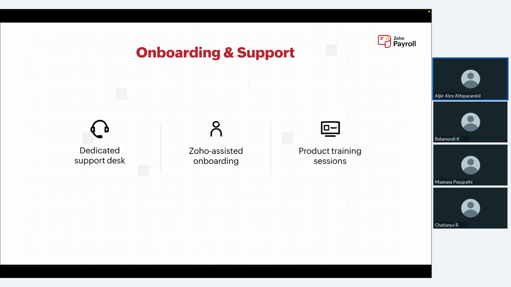We also provide assistance for onboarding to help your team get up and running with the system accurately. Finally, we have product training sessions to equip your HR and finance team to use Zoho Payroll confidently and maximize its capabilities. With this support model, managing payroll becomes seamless even for businesses with complex multi-state operations.